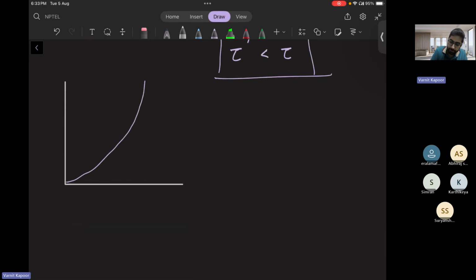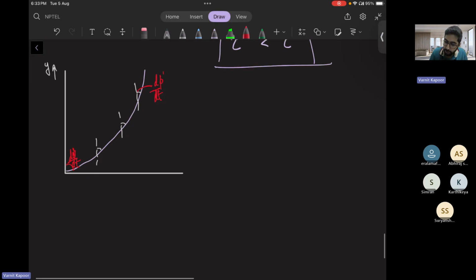This is your y direction, and your velocity profile looks like this. Those who have not understood, here your angular deformation was d phi by dt. If you take another point, this angle will be this, and at another point, this angle will be this. And this is d phi dash by dt, and you can observe that d phi dash by dt is less than d phi by dt.